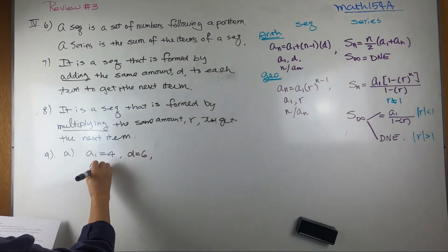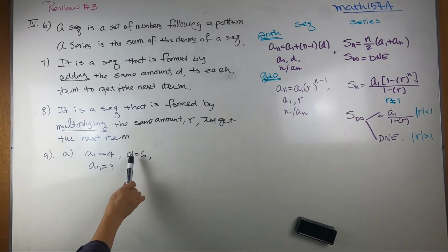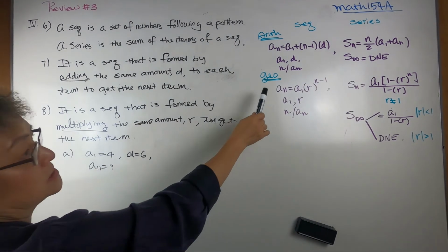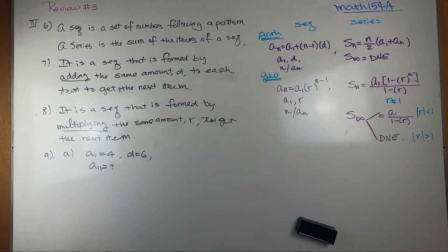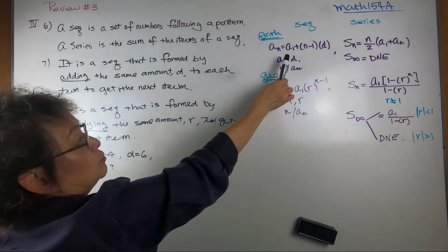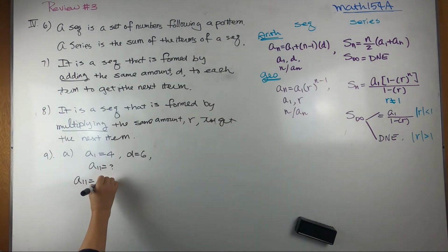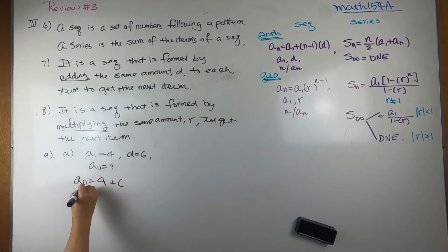We want you to find A11. So what do you think? If we show you D, that means what? Common difference is for an arithmetic sequence, right? Then find a general term. A11 is what? A1 plus n minus 1 times D.